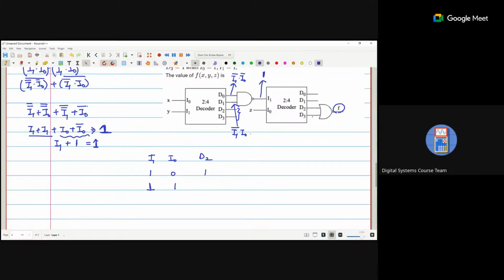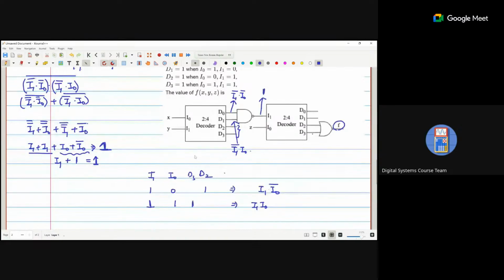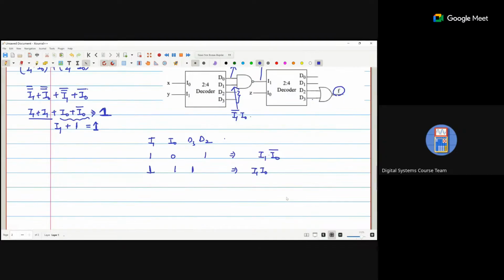So our D2 is in this one and D3 is in that one. Finally, the D2 equation is I1 I0 bar, and the D3 equation is I1 I1 I0. And what is the operation performed? I1 I0 bar plus I1 I0, whole bar.